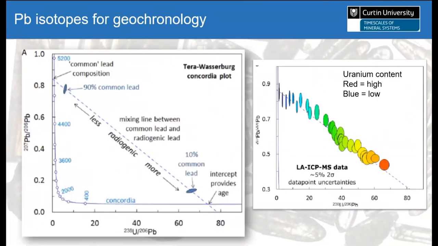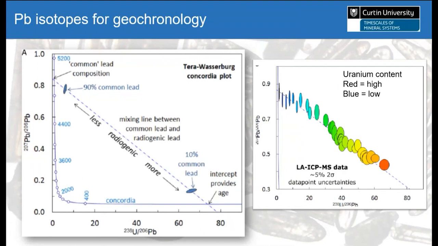Well, we go back to Pete's nice diagram. He talked about the Tera-Wasserburg plot, and this helps us because if we have a simple mixing system between a radiogenic component and a common component, it will lie on a simple mixing line here, where the upper intercept on the ordinate axis gives us information about the common lead composition.